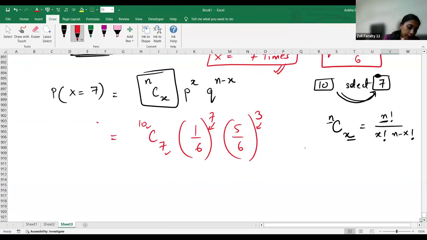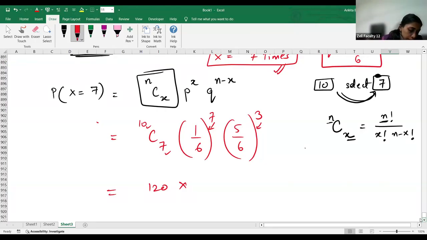10C7, how much are you getting? 120. So 120 into, now solve this whole part and tell me the answer. So 6 to the power of 10 you will get, and 5 to the power of cube.